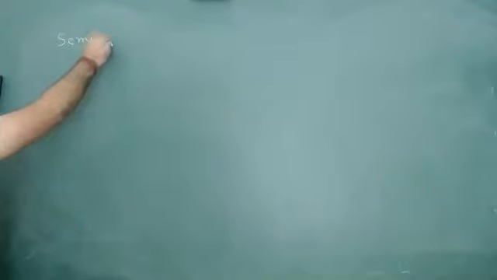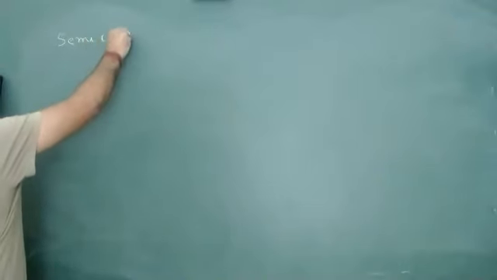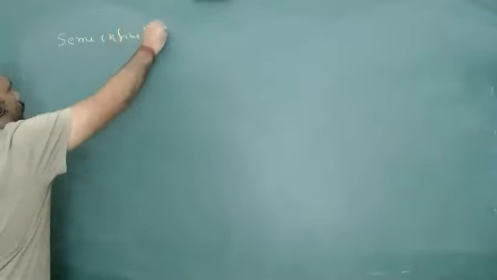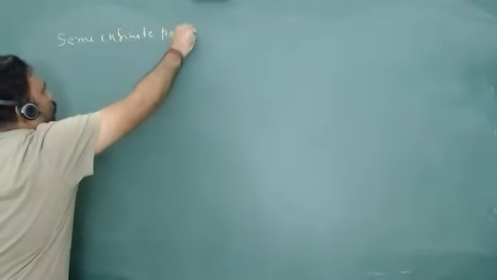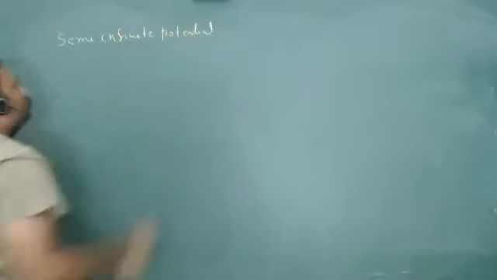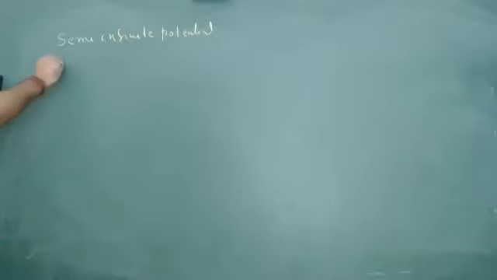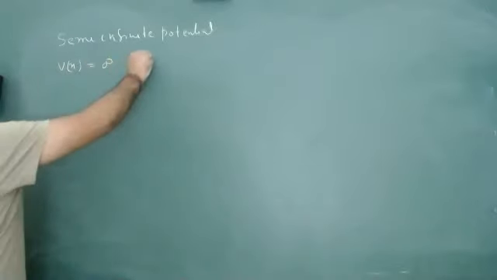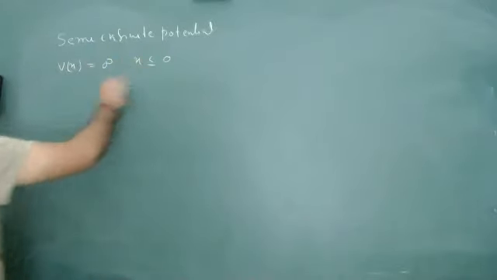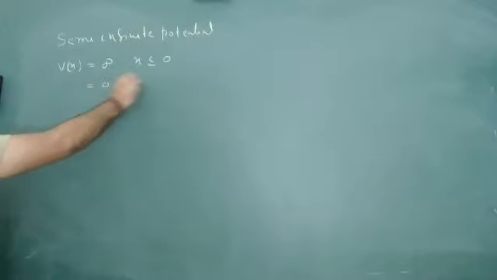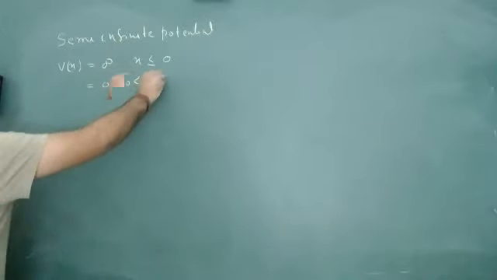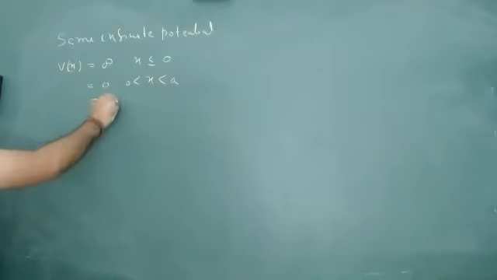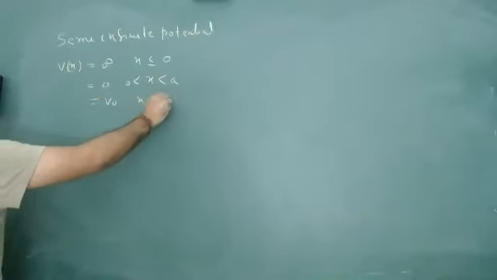So let's go for semi-infinite potential. V(x) is equal to infinity if x is less than 0, equal to 0 if x is between 0 and a, and equal to V naught if x is greater than a.